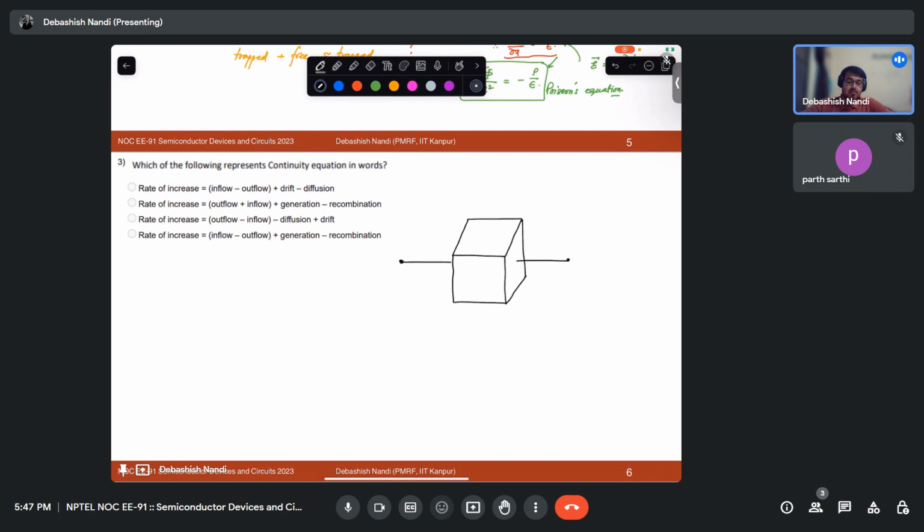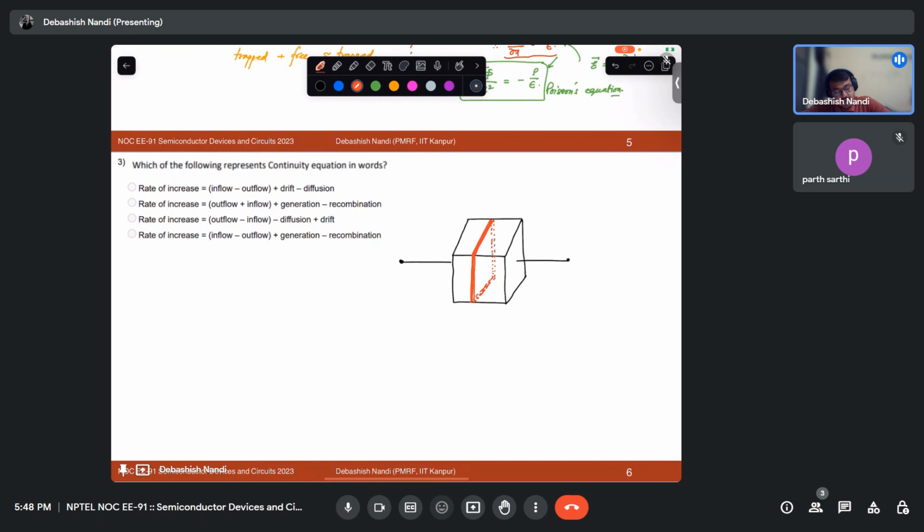This is a semiconductor block. Let me take a very thin strip of the semiconductor.